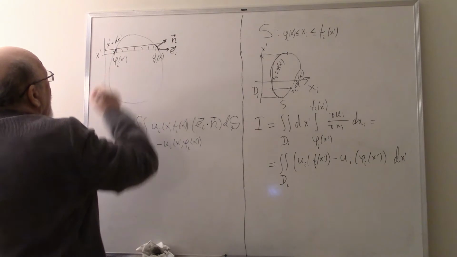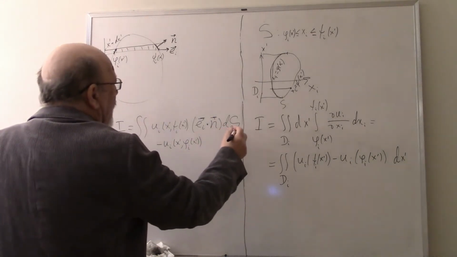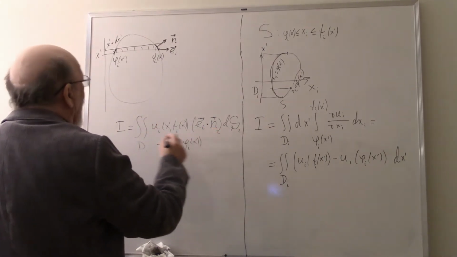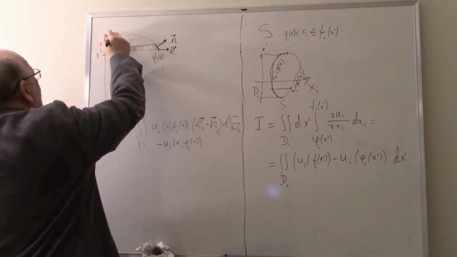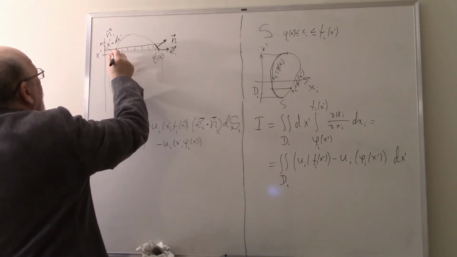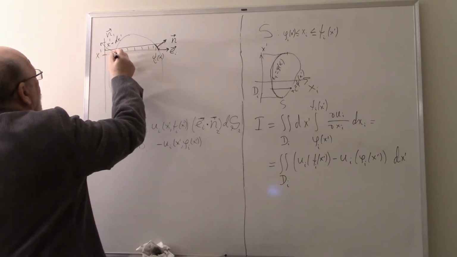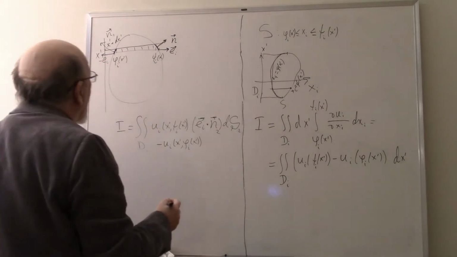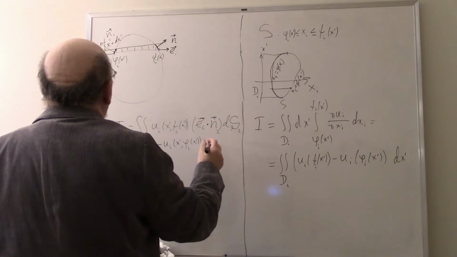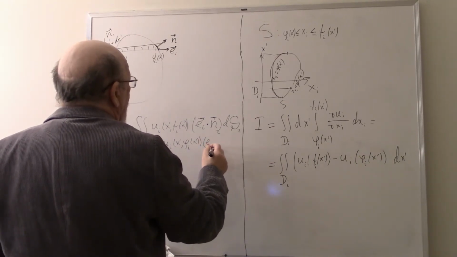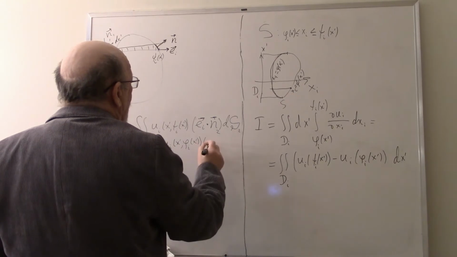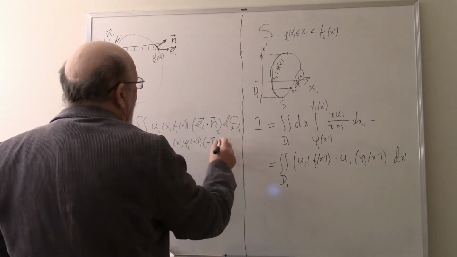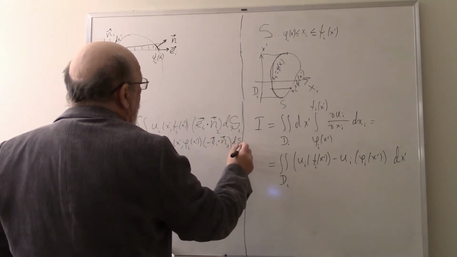Here you have dS2, and here the normal vector n2, and here we have the normal vector n1 and minus ei, times minus ei dot n1 dS1 here.